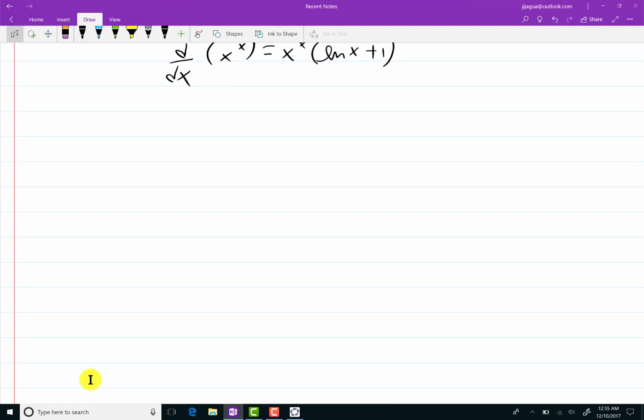Moving on. As an example, let's find the derivative of this one. y equals log base 3 of x cubed plus 1. Let me bring that formula back.